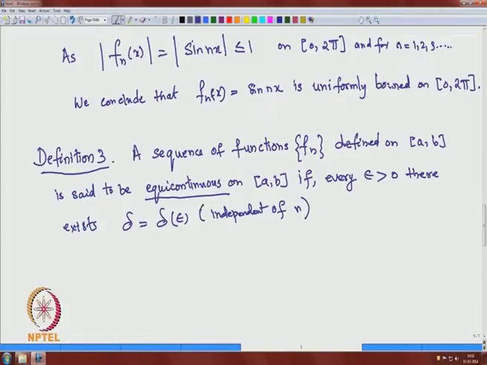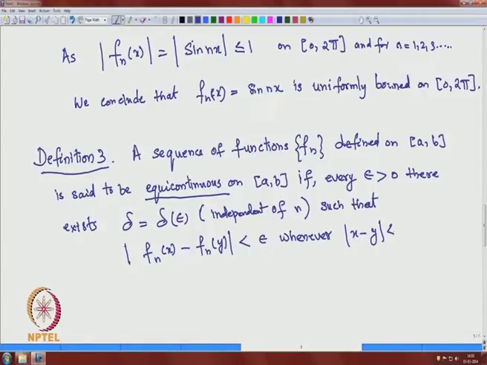So, it does not matter from which function n it is coming. So, independent of n such that the absolute value of Fn of x minus Fn of y is less than epsilon whenever the absolute value of x minus y is less than delta.